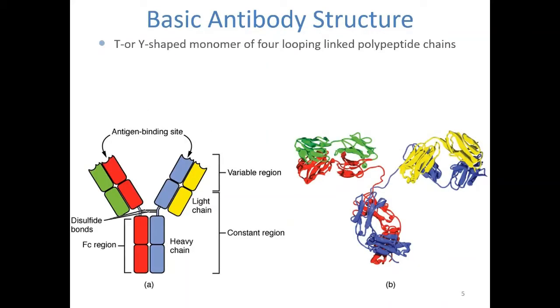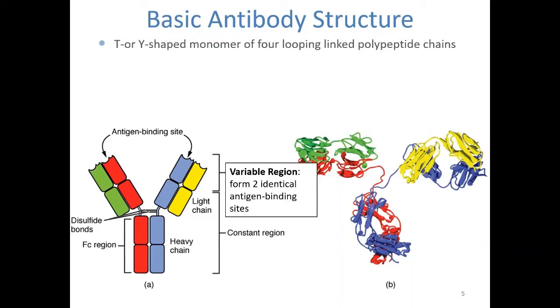So the plasma cells are capable of producing thousands of antibodies every minute. These antibodies have a general structure, and this might seem a little bit similar to the MHC in that there is a constant region and a variable region. Generally, antibodies are shaped in a T or a Y, and we'll see a little bit more about that shortly.